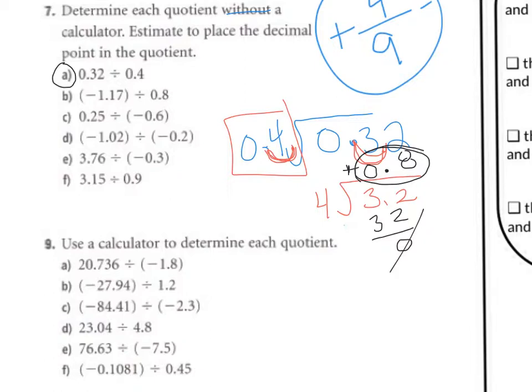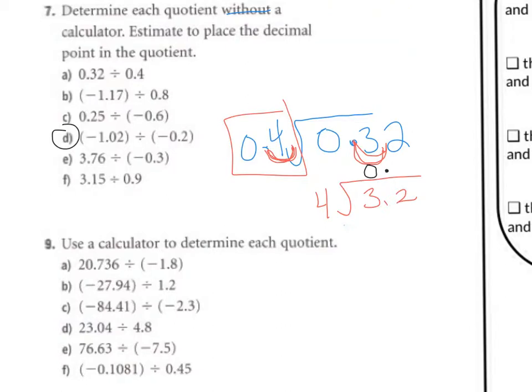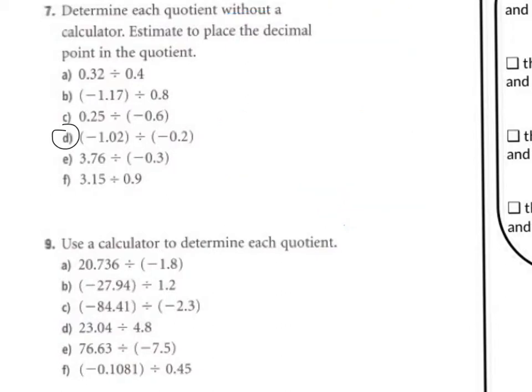Let's erase that and try another one. Let's do D. And same idea, we're going to write negative, negative.